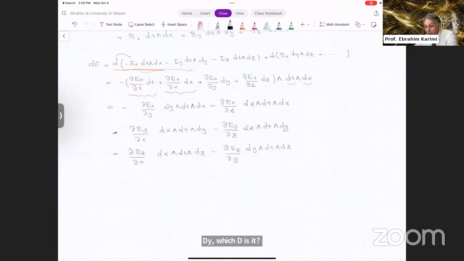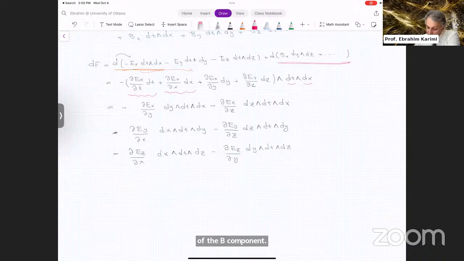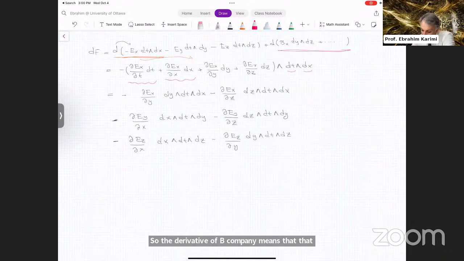Okay, so now I have taken the derivative of all the E components, and then I have to take the derivative of the B components. Maybe even before taking that derivative, I can arrange them together.